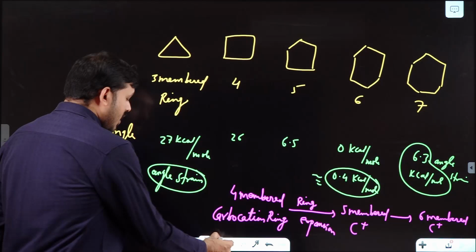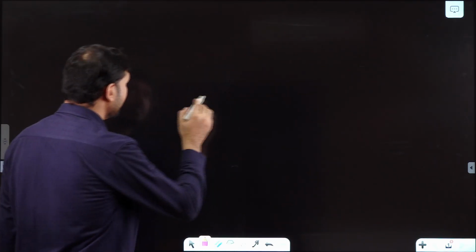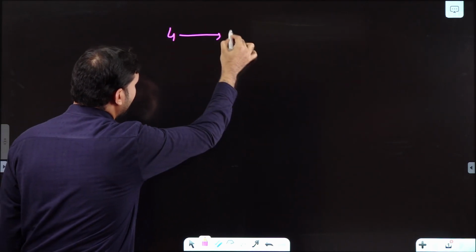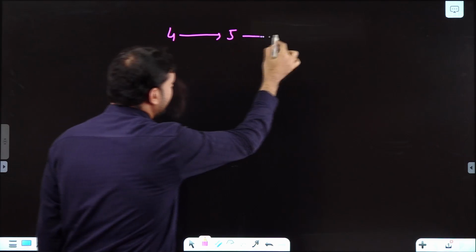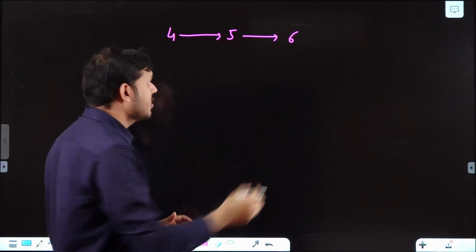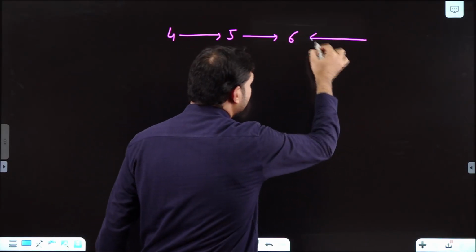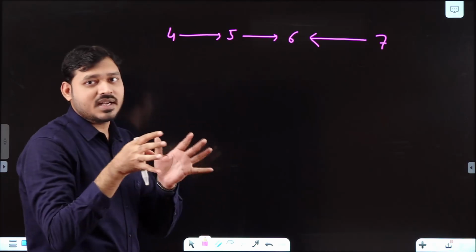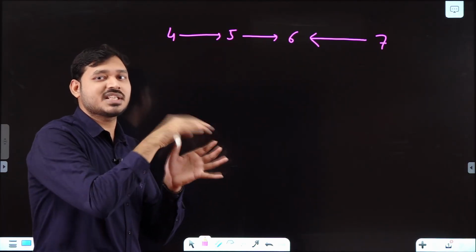Now let us take a few examples of ring expansion, how it occurs. So remember one thing, 4-membered will tend towards 5-membered, 5-membered will tend towards 6-membered, but if I say about 6 and 7-membered, the 6-membered will not go to 7-membered, but the 7-membered ring has a tendency to convert itself into a 6-membered ring.